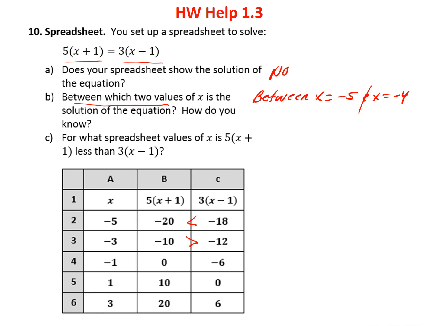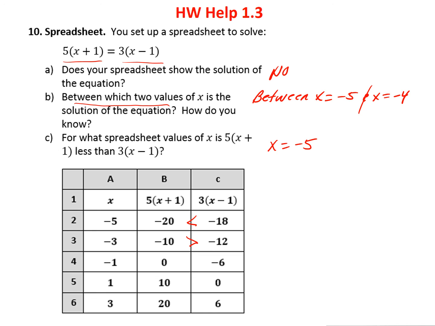And how do I know that? I know that because the answer switched from less than to greater than between those two. For what spreadsheet values is 5x plus 3 less than that? And you see anything from -5 and below, so the answer is for x equal minus 5.